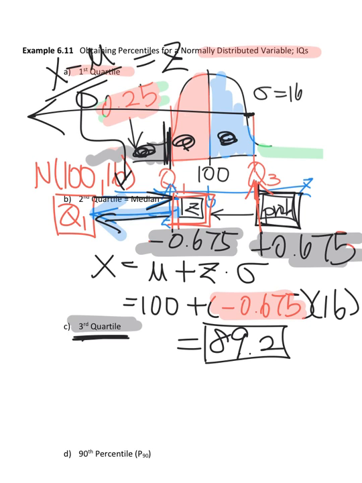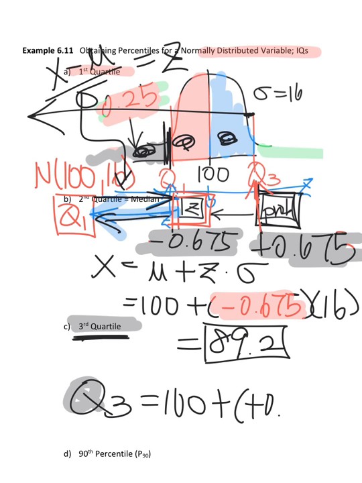The third quartile will be the mean plus 0.675 times 16. So how much will be the third quartile? 110.8.